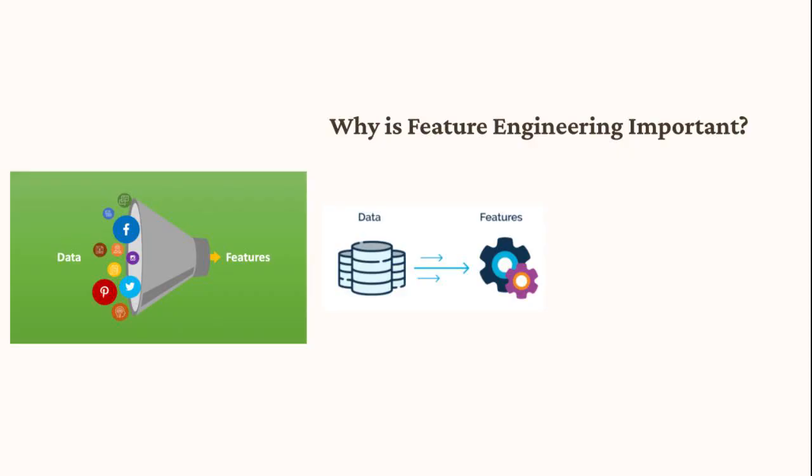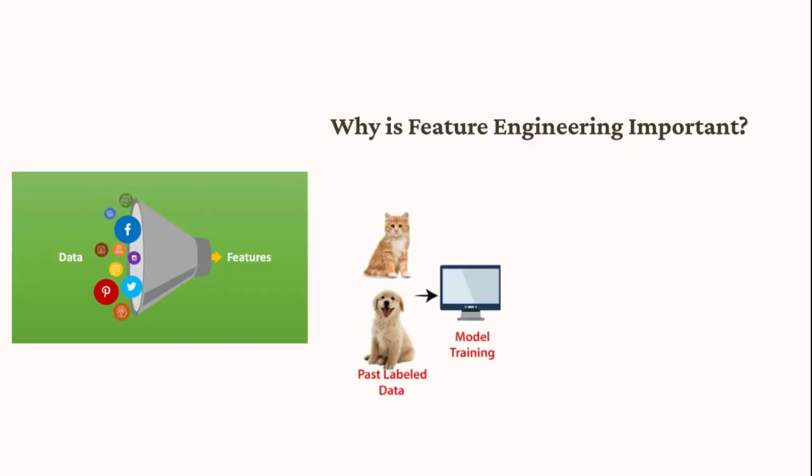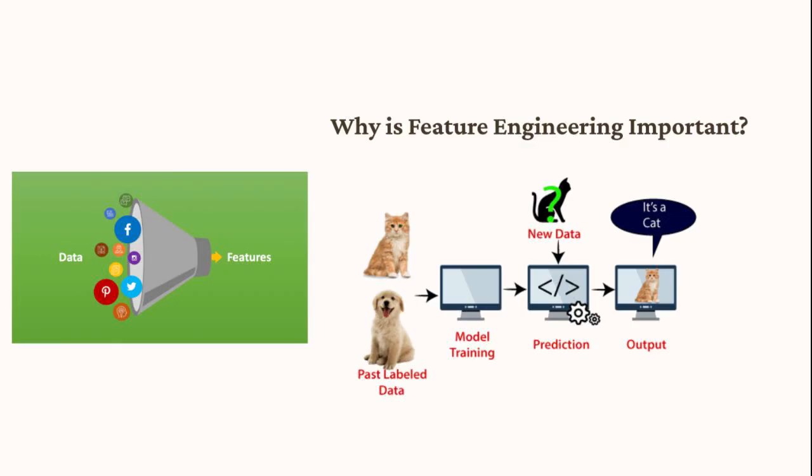Features are the input variables a machine learning model uses to make predictions. Better features lead to better predictions. Imagine teaching a machine to predict whether a photo shows a dog or a cat. Features like fur texture and ear shape will be much more useful than, say, the image size, to predict if it is a dog or cat.